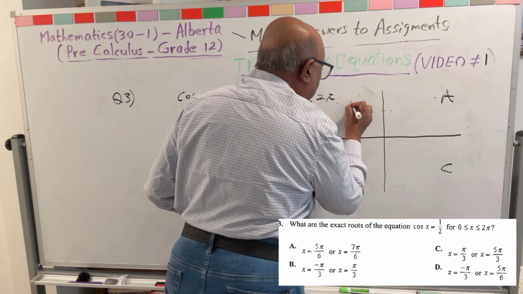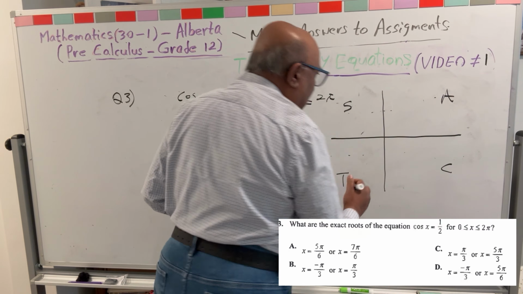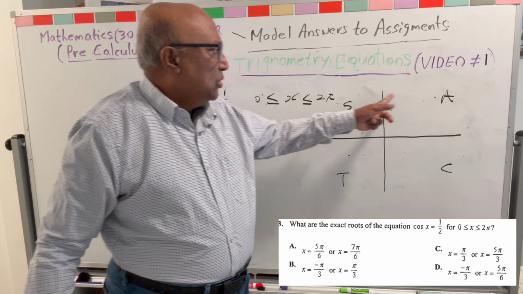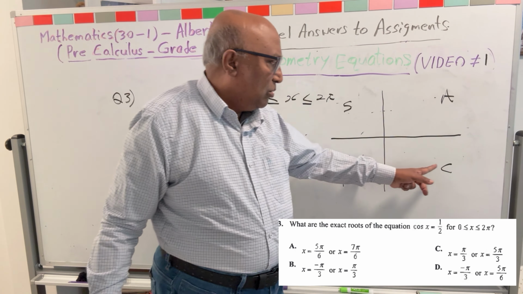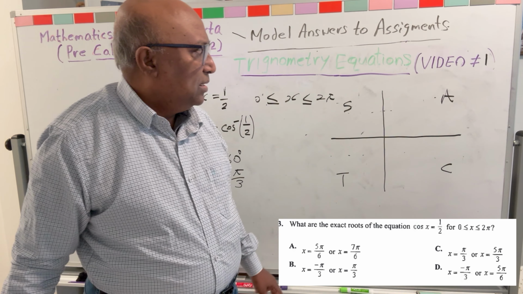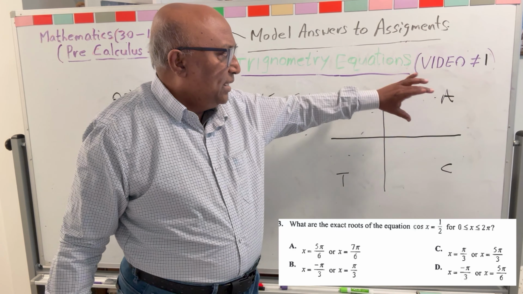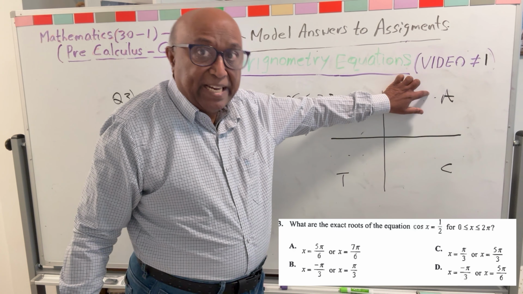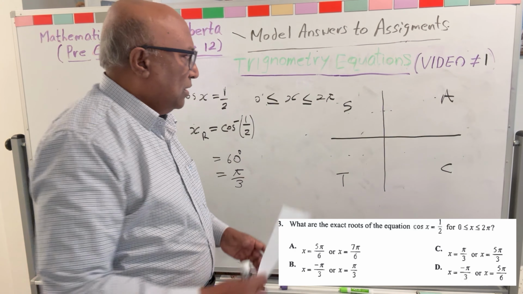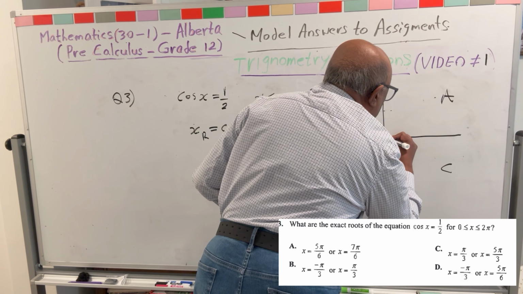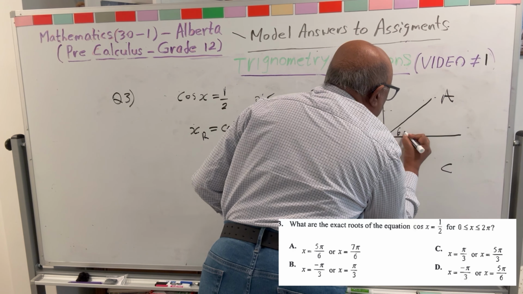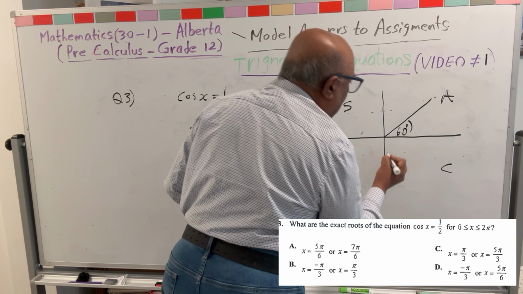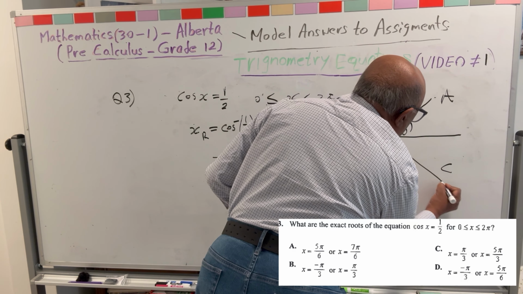CAST: all positive, only sine positive, only tan positive, only cosine positive. That means cosine values are positive in quadrant 1 and quadrant 4. Now, let's mark our reference angle. There should be one solution with this reference angle. There should be another solution with this reference angle.